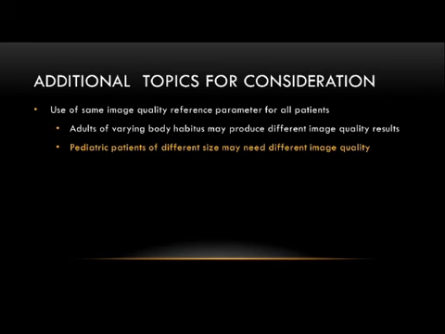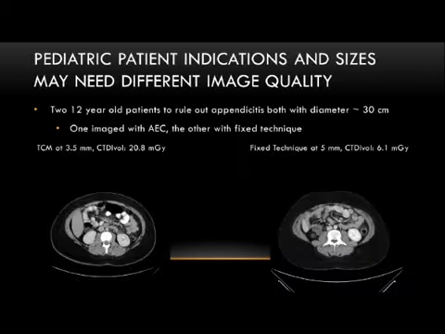So if you're using tube current modulation and AEC for pediatric patients, you may want to consider having different image quality reference parameters for those pediatric patients. And here's an example. One of these are patients of the same water equivalent diameter.